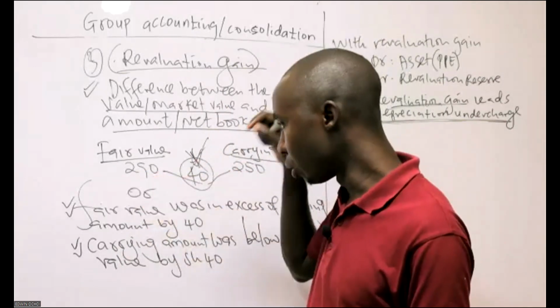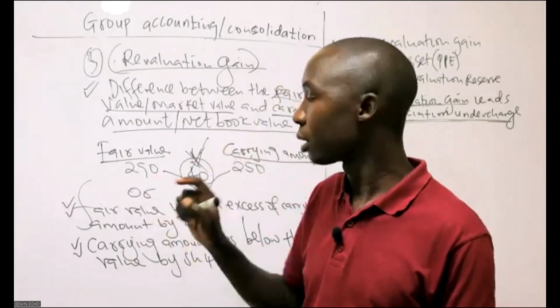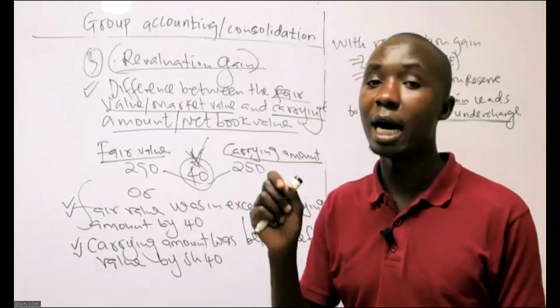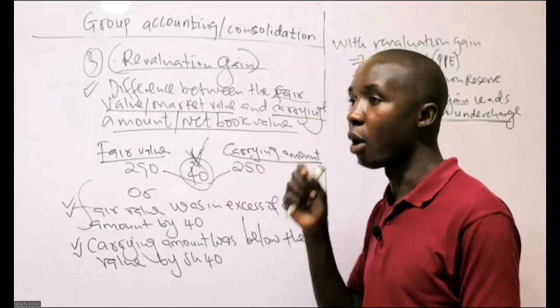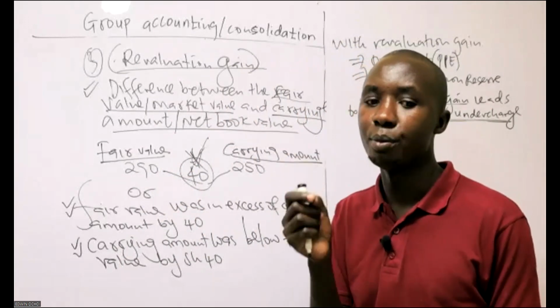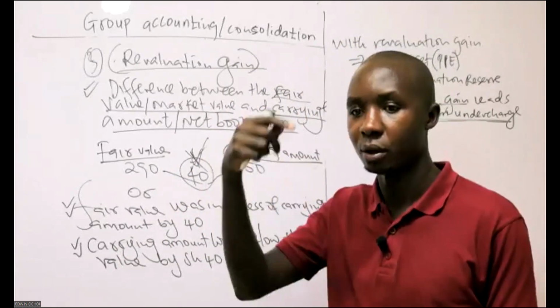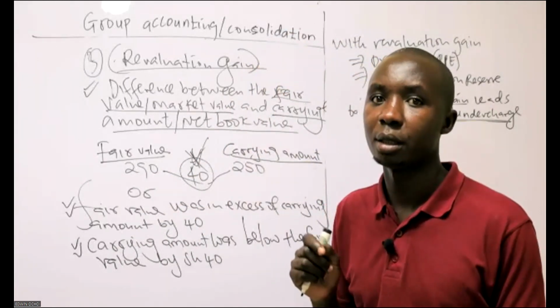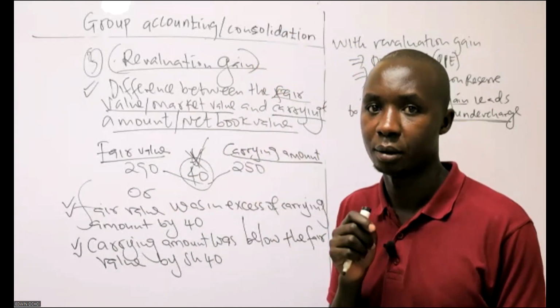So we need to know which is the depreciation inside the 40. That is why we say initially you did an undercharge. So you have to determine the depreciation inside the revaluation gain.